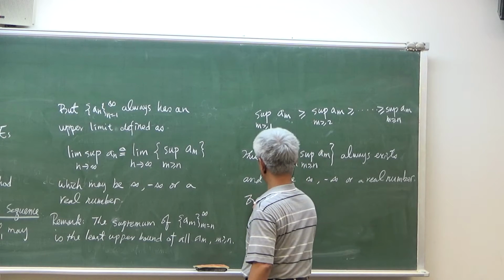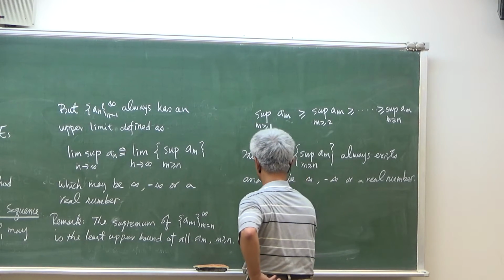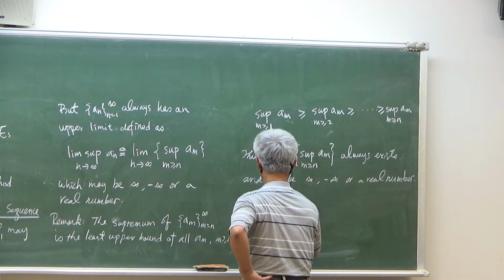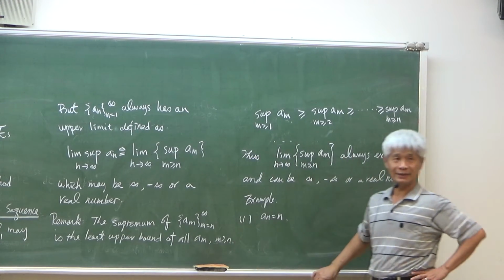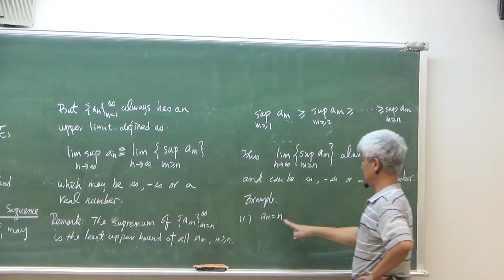Okay, so let's take some examples. One, a_n is equal to n. Okay, so 1, 2, 3, 4, 5, 6, 7, 8.